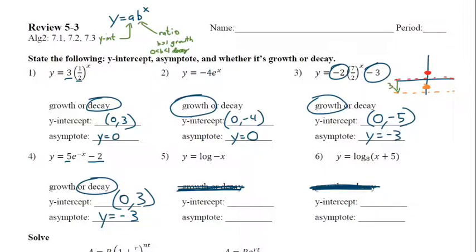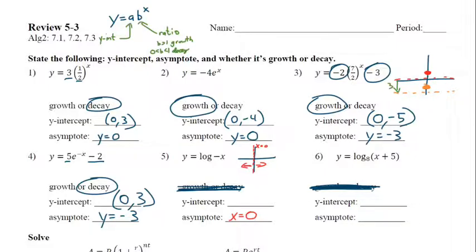Unless you have some sort of horizontal shift, your asymptote for logarithms is at x equals 0. So unless it's shifted to the right or left, it stays at x equals 0. So this one doesn't change at all. It's at x equals 0. And your y-intercept is when x is 0.